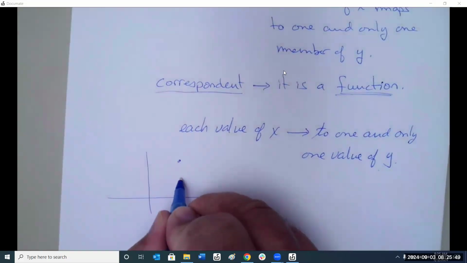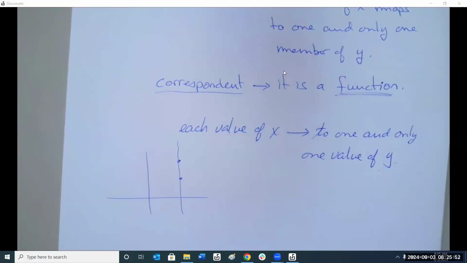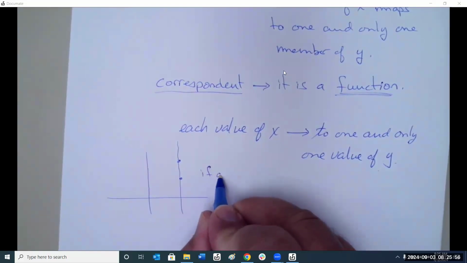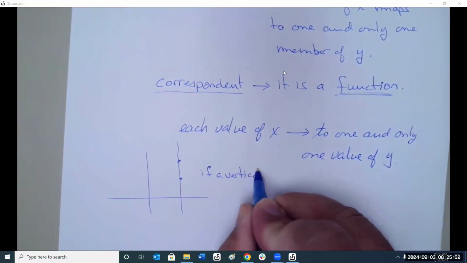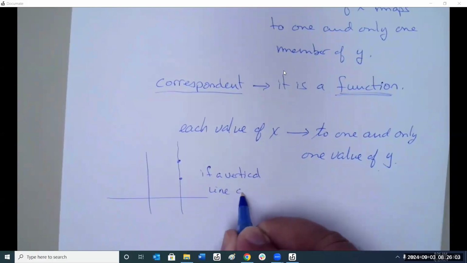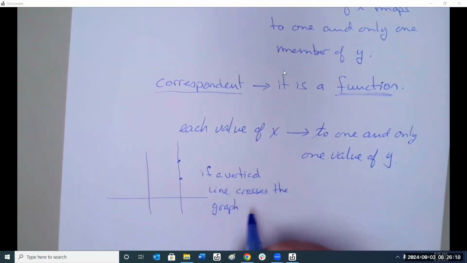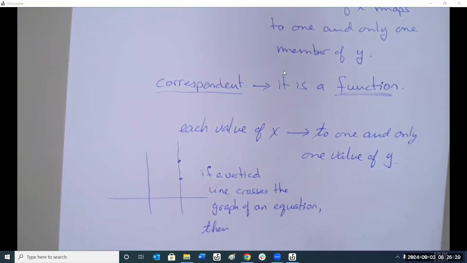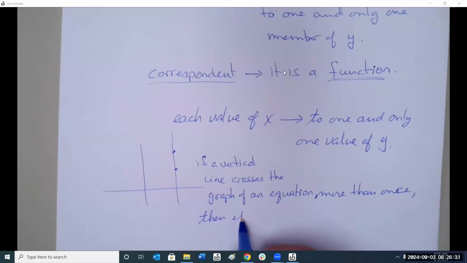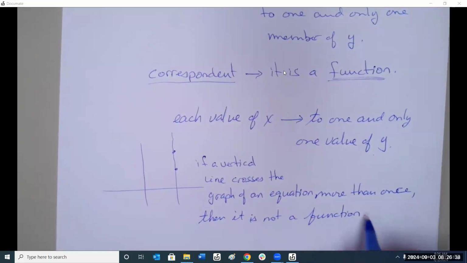If you can draw a vertical line through any graph and it crosses it more than once, then it is not a function.